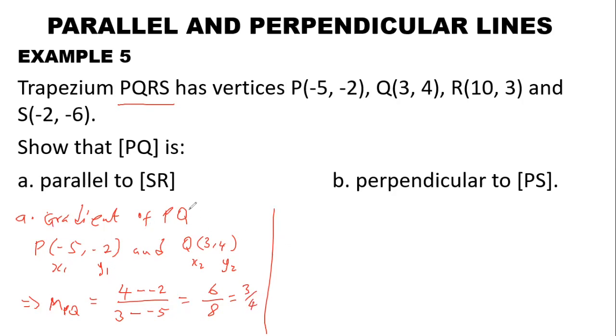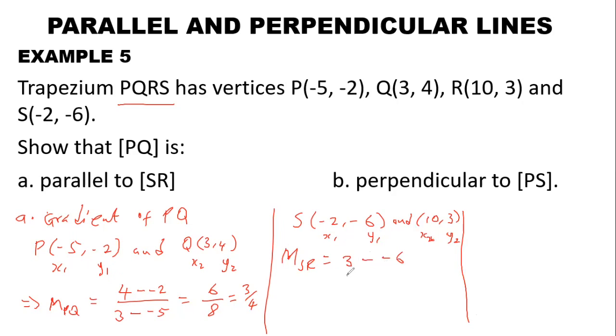Now, let's go on to find the gradient of SR. S has the coordinates (-2, -6), and R has the coordinates (10, 3). So it means that the gradient of SR is going to be (3 - -6) over (10 - -2).